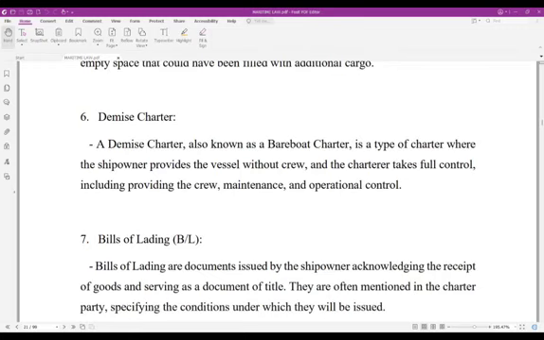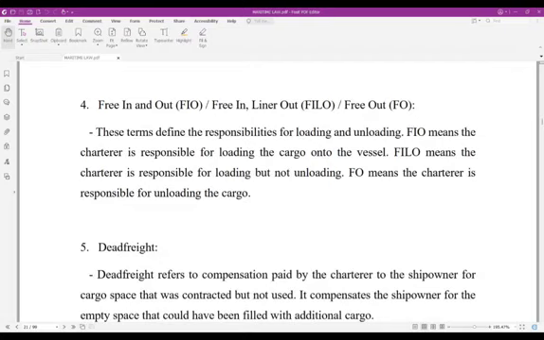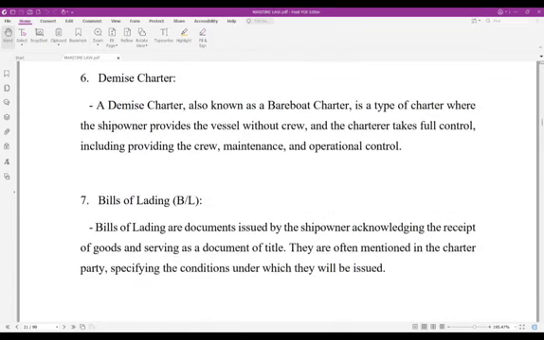We also have bills of lading. The bills of lading are documents issued by the ship owner acknowledging the receipt of goods and serving as a document of title.